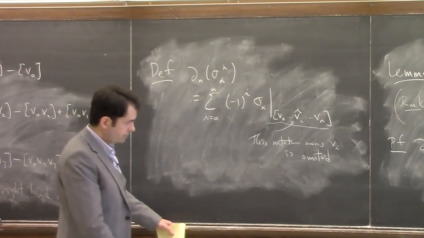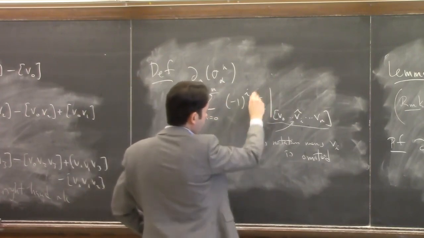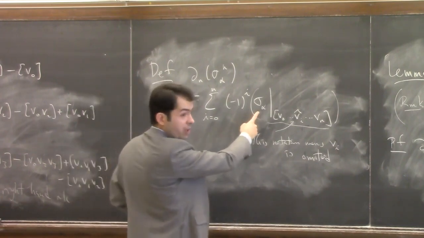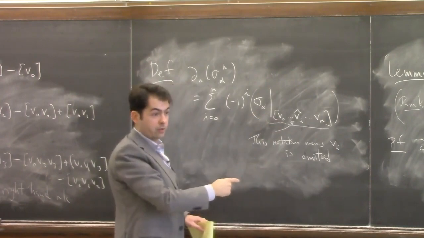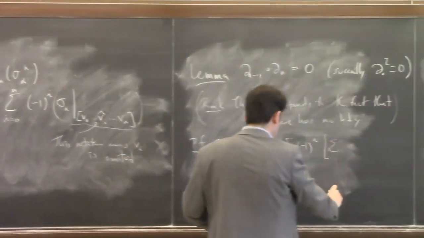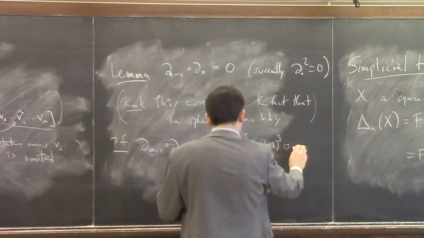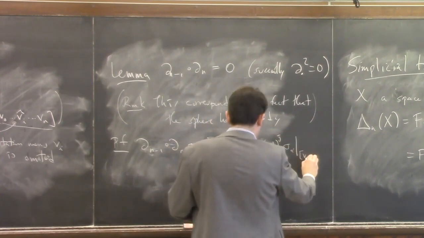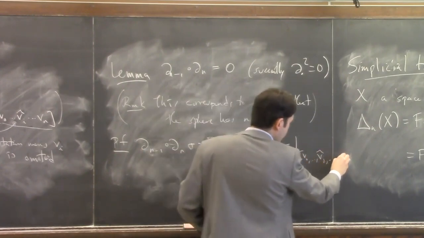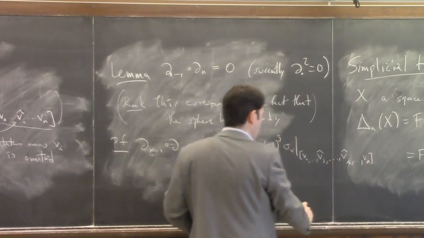So if I take the boundary of the boundary, I'm just taking the boundary of this sigma restricted to faces. That means I'm going to take an alternating sum where I remove a vertex from here, where I've already removed one vertex. So I'm going to have a sum of (-1)^j of sigma alpha restricted to, and the sign is going to be a little different depending on whether you remove v_j before you remove v_i or after.